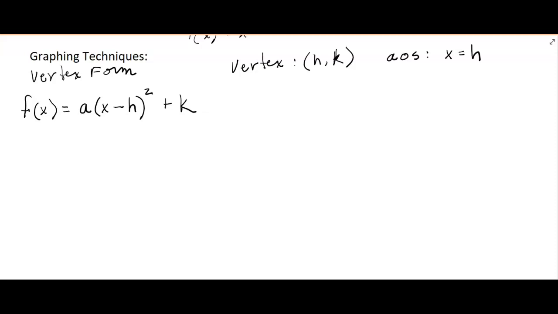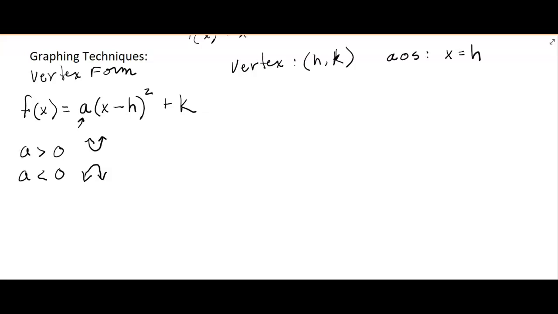Okay, so let's talk a little bit about the parts of the form. The a. If a is greater than 0, then it's going to be a right side up parabola. If a is less than 0, meaning it's negative, it's going to be an upside down parabola because that's going to be a reflection about the x-axis.